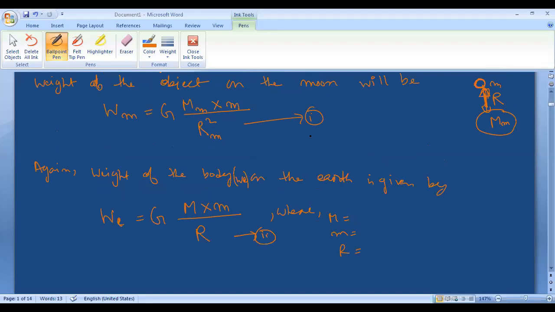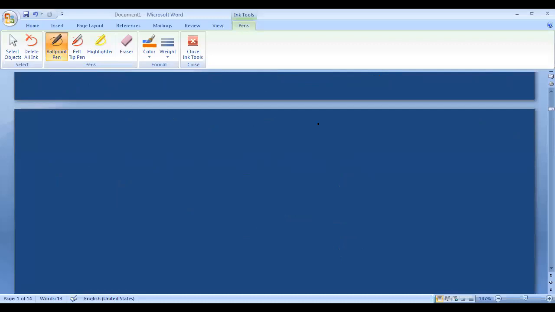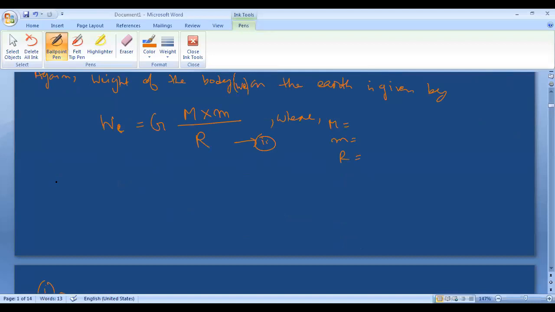Suppose when you put the value in equation 1, so what is equation 1? Write down here: capital M small e and capital M small m.